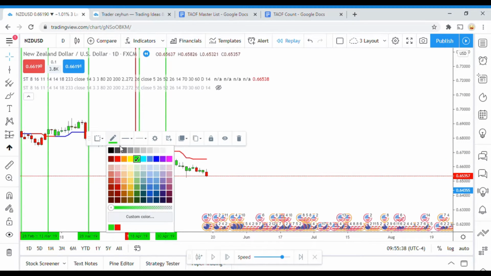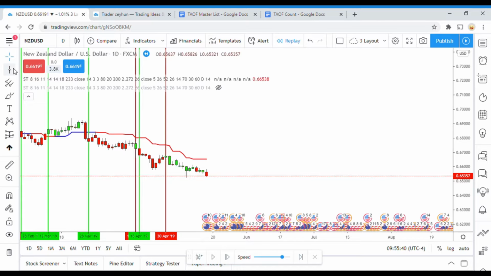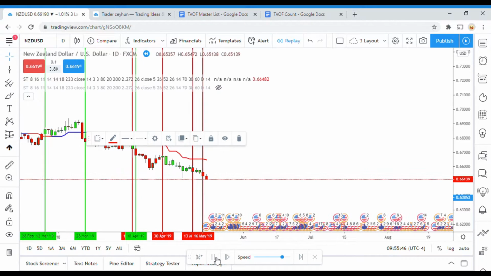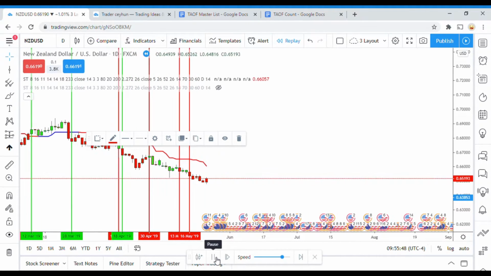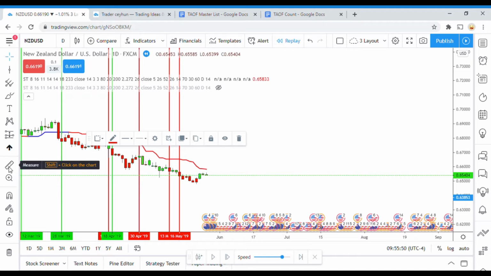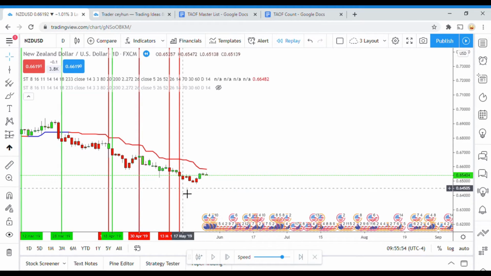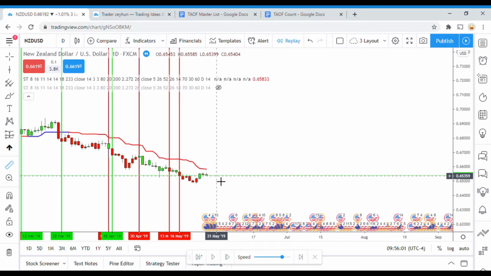Okay, let's see. Looks like it's getting really beat up right here. Actually, that might end up being a win there. Let's see. To there. Let's share it off one more time.